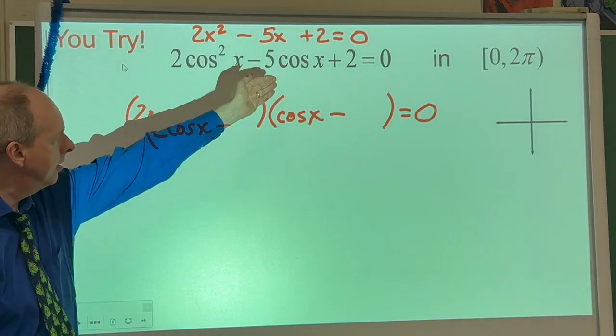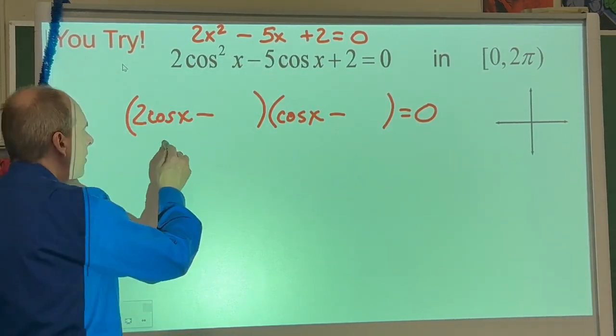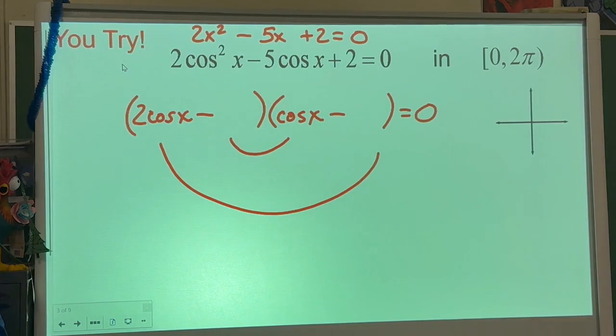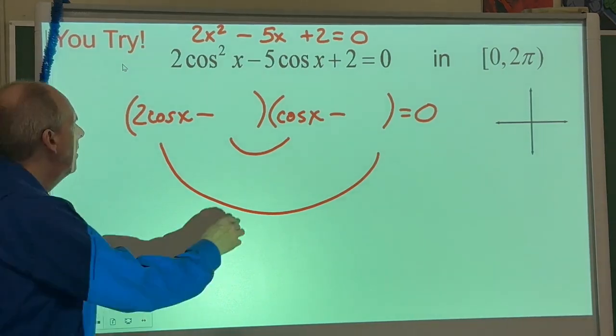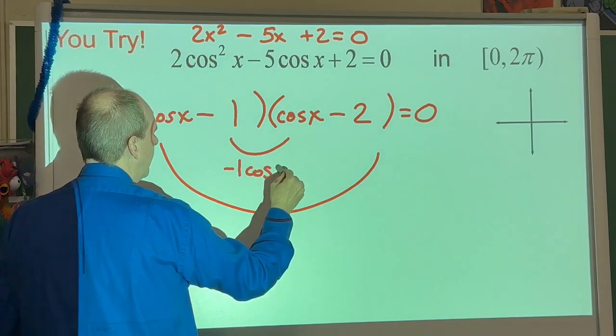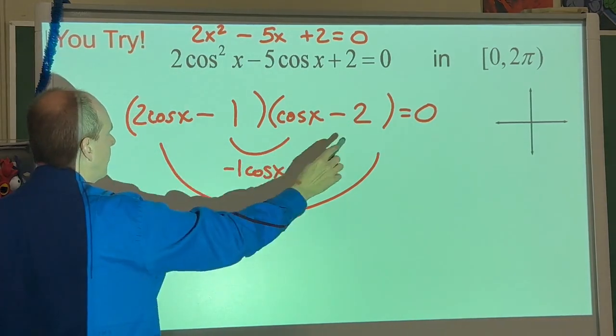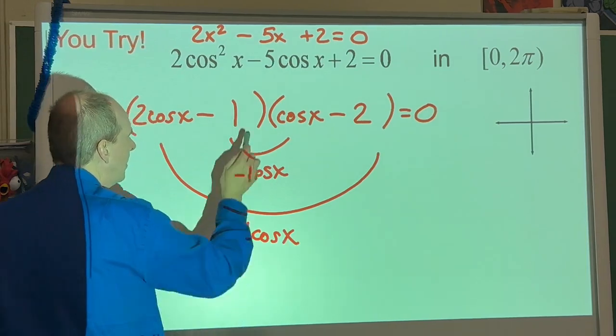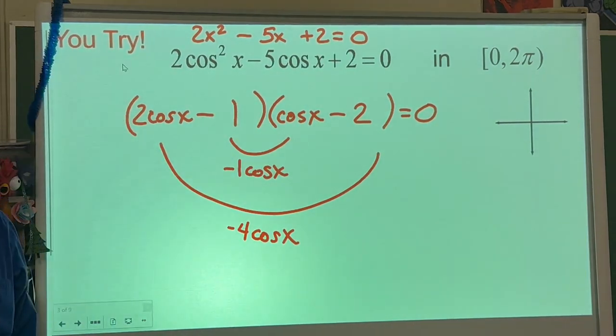When you're done, you need to have -5 by checking your outer and your inner terms. 1 here, 2 here. This gives you -1 cosine of x. 2 cosine x times -2 would be -4 cosine of x. You add them together, you get -5 cosine x.